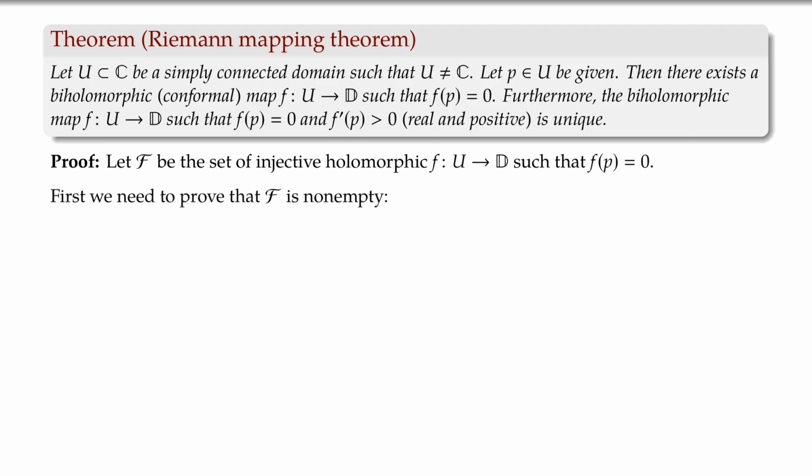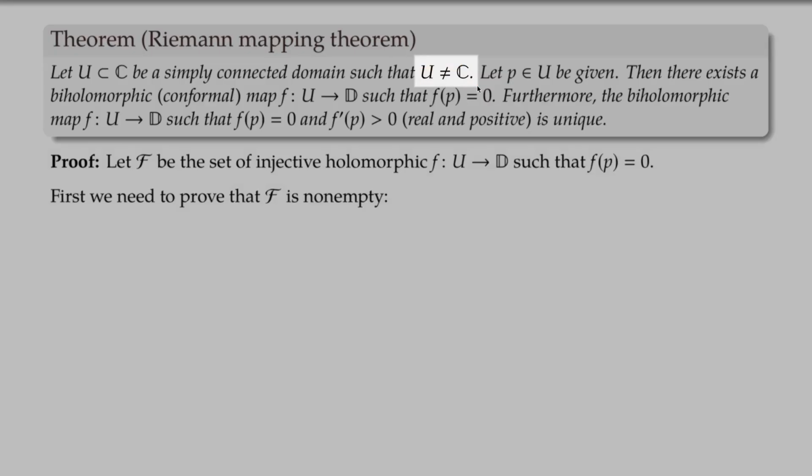But the first thing that we need to do is prove that F is not empty, and this is where the restriction that U is not C comes in. Because if U was equal to C, then we'd have a map from the complex plane to the disk, and the only such map by Liouville is a constant map.